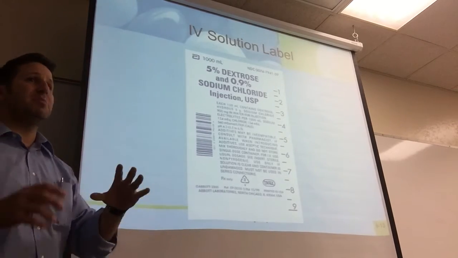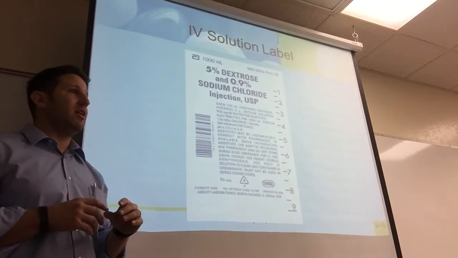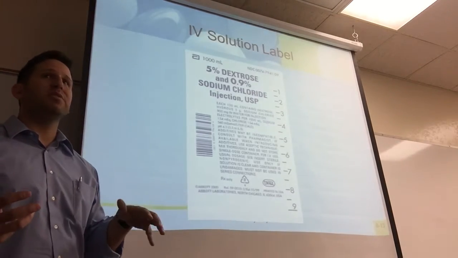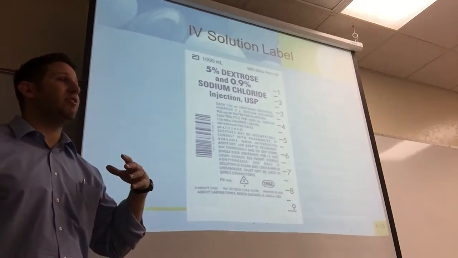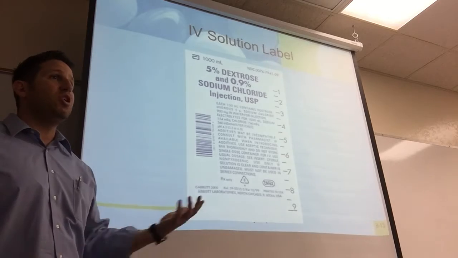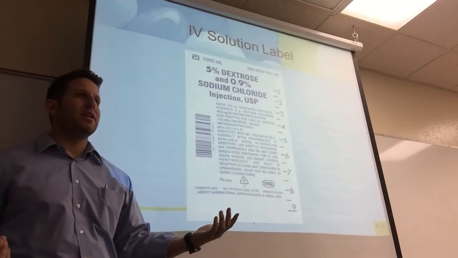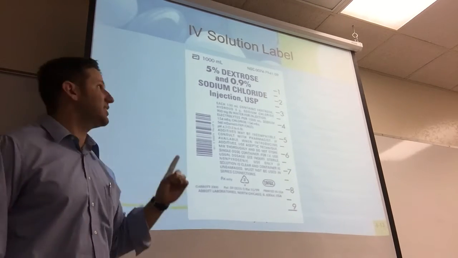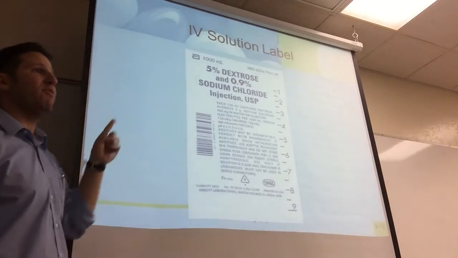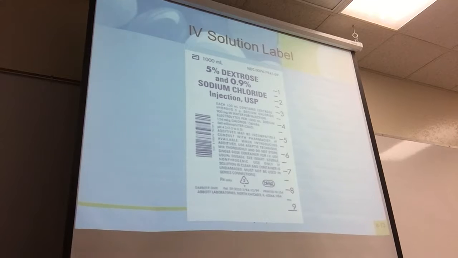On some of your homework problems, you might see D5NS as the solution. How many grams of dextrose and how many grams of sodium chloride? Well, you don't know the percent because it said D5NS. But you do know the percent because NS is always 0.9. You need to remember that for your math, for your IV solutions, assignments, and exams.